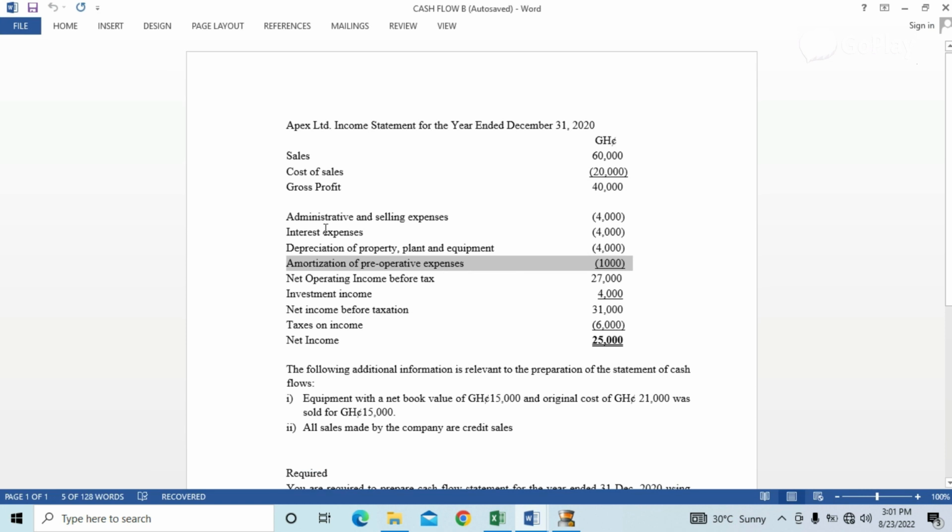I think there are actually two items, not three. So administrative and selling expenses 4,000, interest expense also 4,000, before we bring in the income tax.